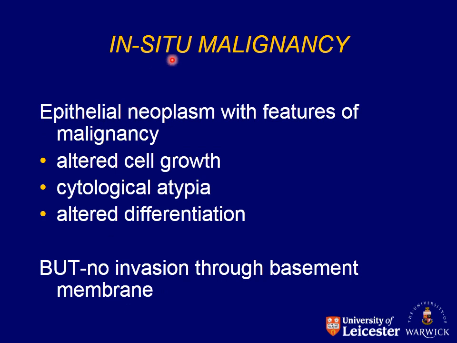Now we come to another important topic, that is in situ malignancy. What is this in situ malignancy? My dear students, if you have cleared your concept about dysplasia, you will very easily understand what is in situ malignancy.